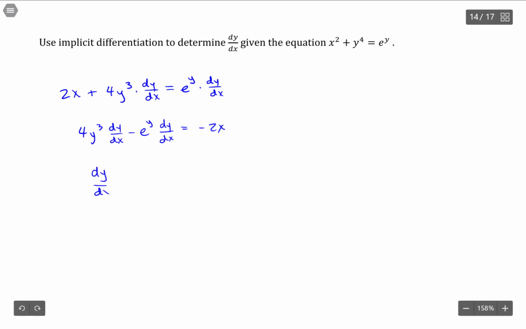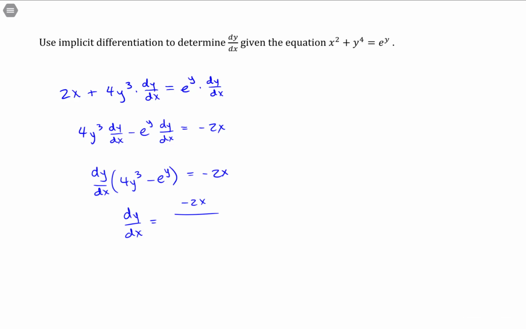The dy/dx can factor out of the left-hand side of this equation. And what we're left with is dividing out the remaining term. So negative 2x over 4y to the third minus e to the y, and there's our derivative.